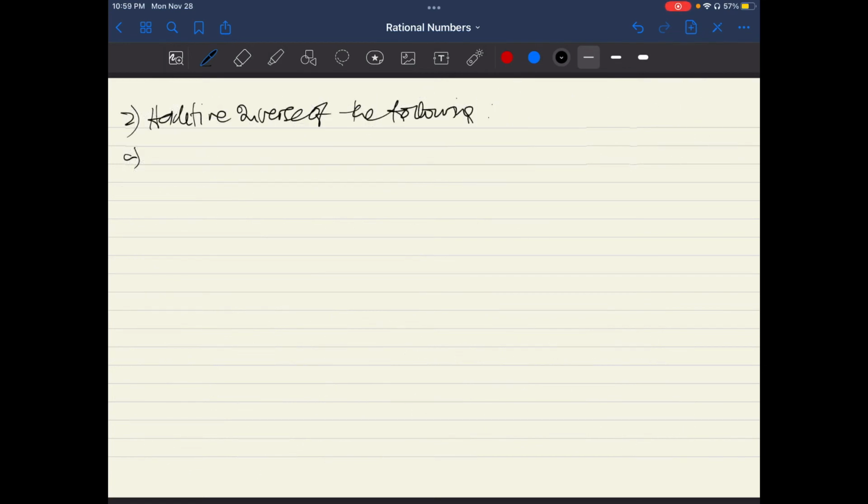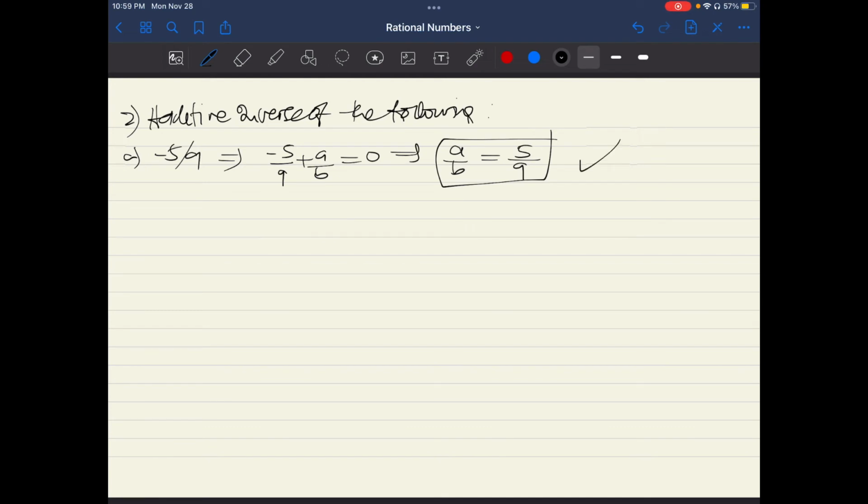Now let's work through the additive inverses of the following. The first one is minus 5 over 9. So the additive inverse of minus 5 over 9 will have to satisfy the equation minus 5 over 9 plus a over b equals 0, which means a over b equals 5 over 9. Therefore, the additive inverse of minus 5 over 9 is 5 over 9.